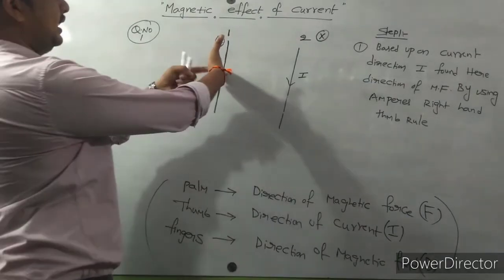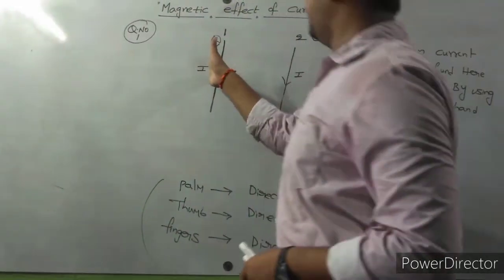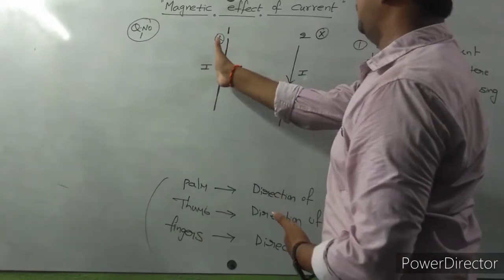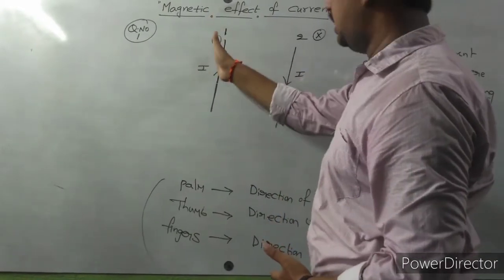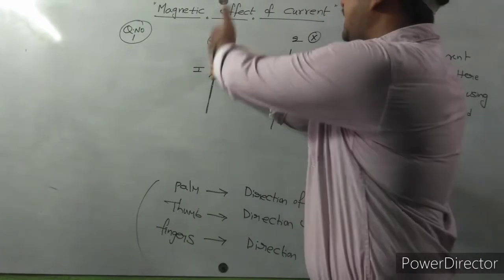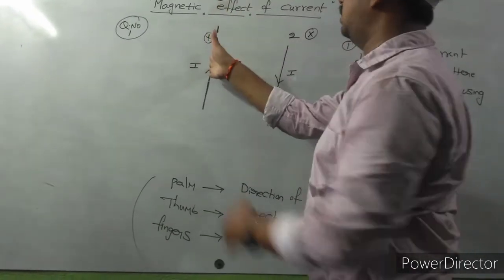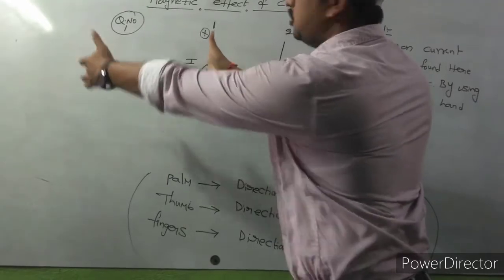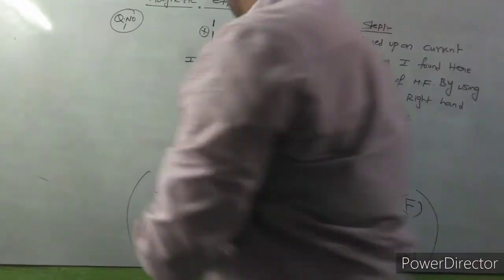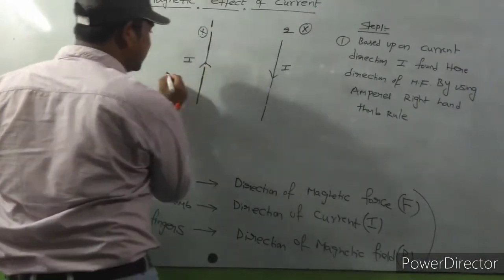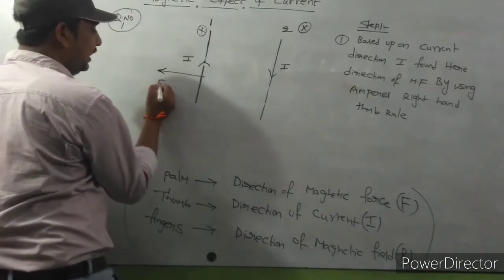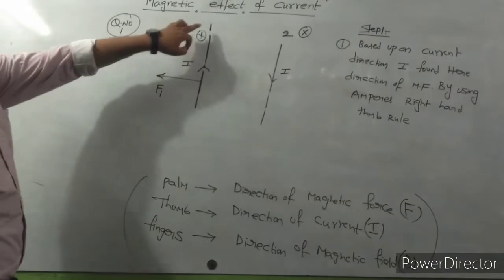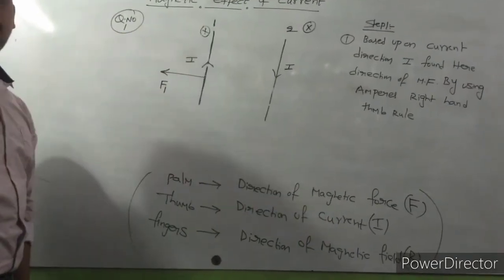Now the fingers indicate the direction of magnetic field, because the magnetic field is into the face. The current direction is upward. The palm indicates the direction of magnetic force. That means here the magnetic force direction is like this. This is F1. The magnetic force acting due to conductor 1 is F1, like this.